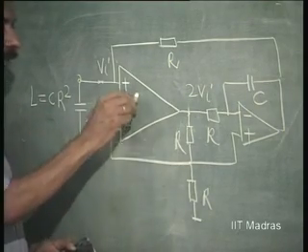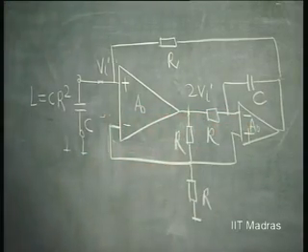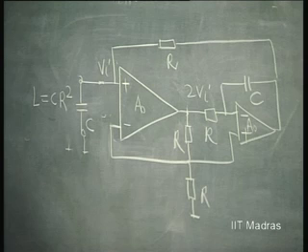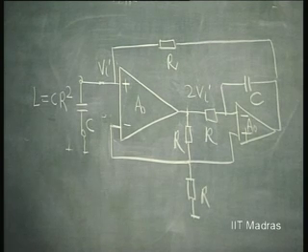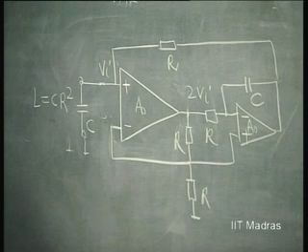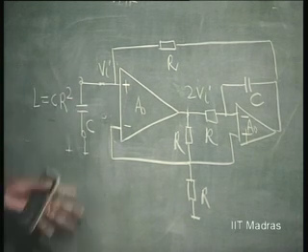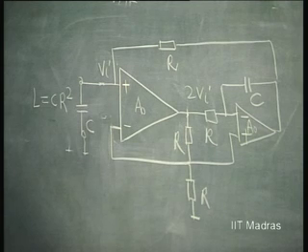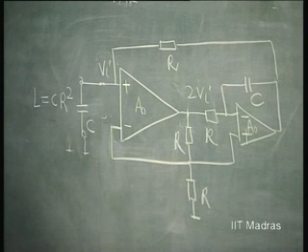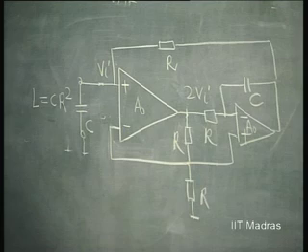But actually, if you take finite gain, which is non-infinity, then you will see that this inductor will be shunted by a resistance of magnitude dependent upon A naught into R. So, there will be a loss component. Even otherwise, the capacitor also will have a loss component. So, necessarily I must put a negative resistance of suitable magnitude to make it go into oscillation. Otherwise, the oscillation will invariably die.